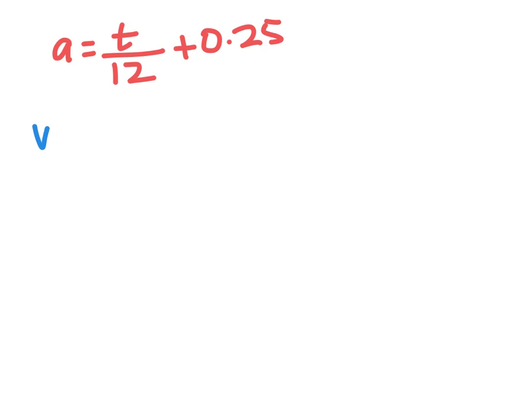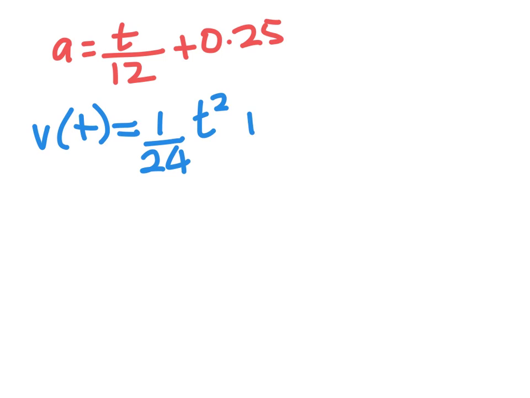Okay, so we're starting out with a equals t over 12 plus 0.25. So what will my velocity function be? Well, v of t is going to be t squared times 1 over 2 times 12, 24, plus 0.25 t plus c.